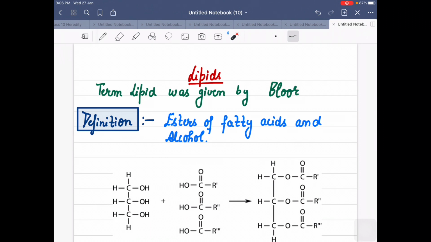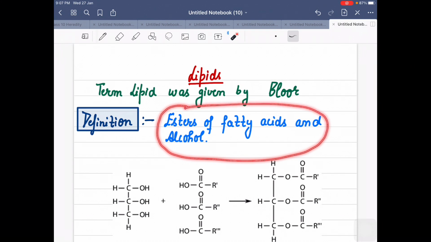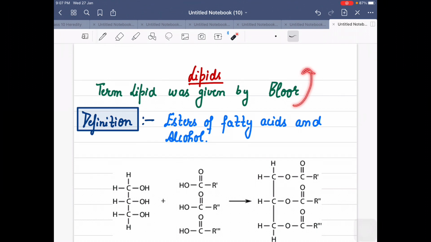So now listen to me very carefully: the simple general definition of lipids is that they are esters of fatty acids and alcohol. Means they are formed by esterification.